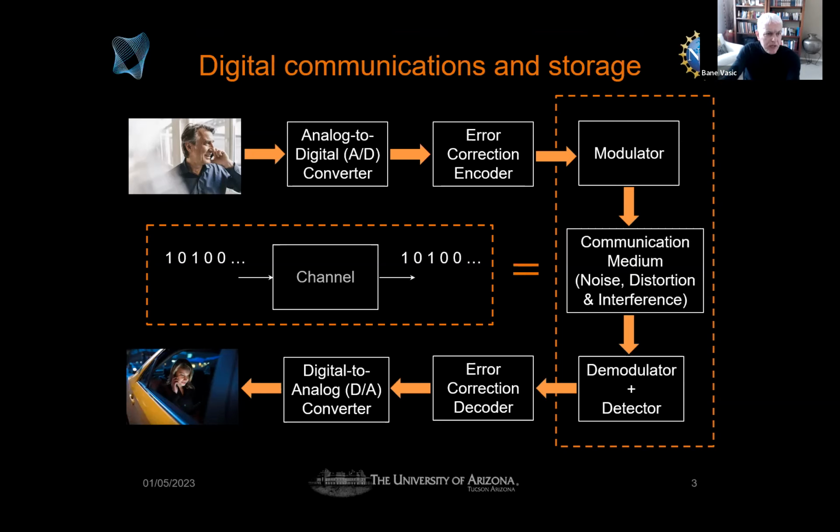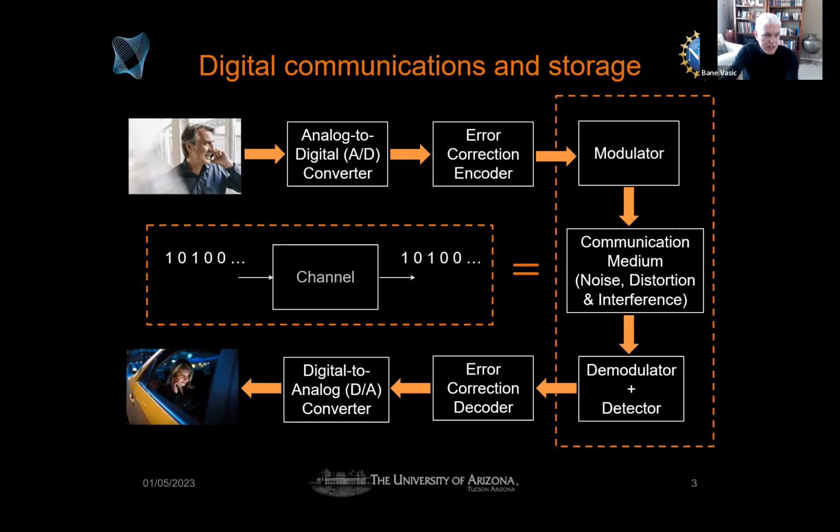And then we count that there will be errors in the system, so these bits we protect by an error correction encoder, and then we first modulate the signal and then send it to a communication medium or a channel over which we really don't have control, and it introduces noise, distortion, and interference, all kinds of disturbances to the signal.